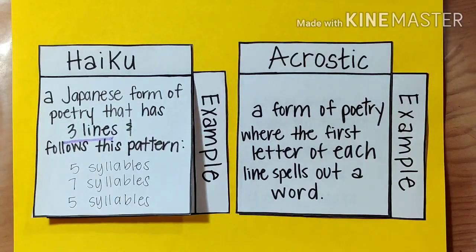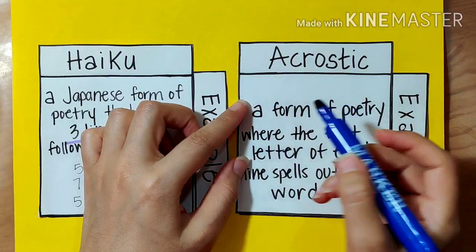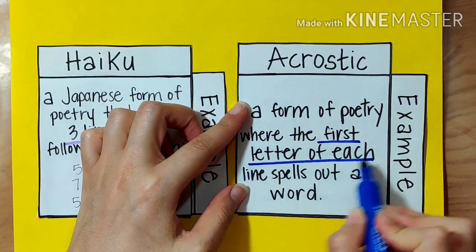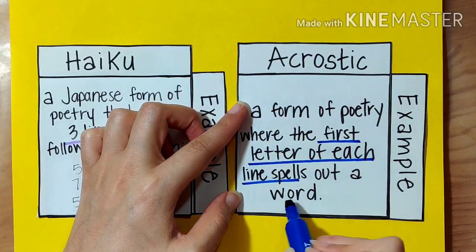Alright, we're moving on to our last form of poetry, and this one is called acrostic. An acrostic is a form of poetry where the first letter of each line actually spells out a word.